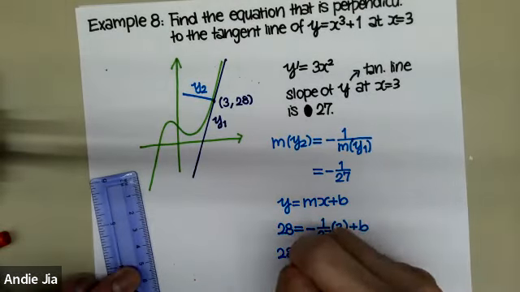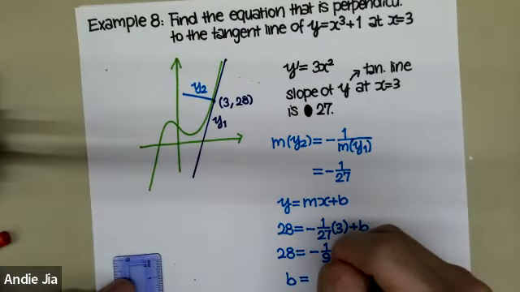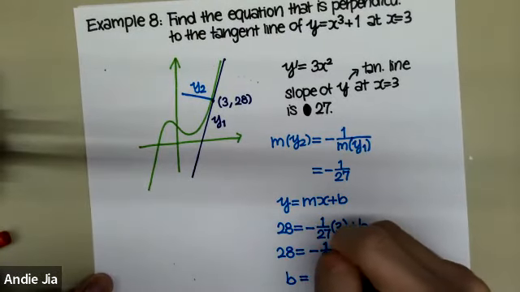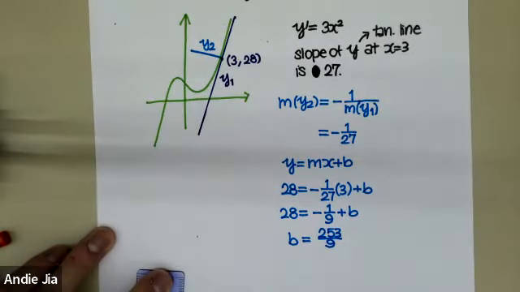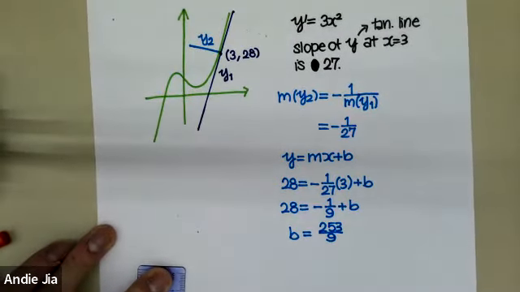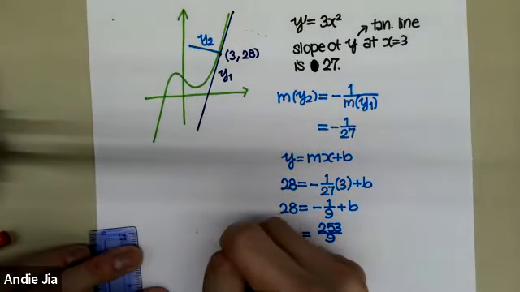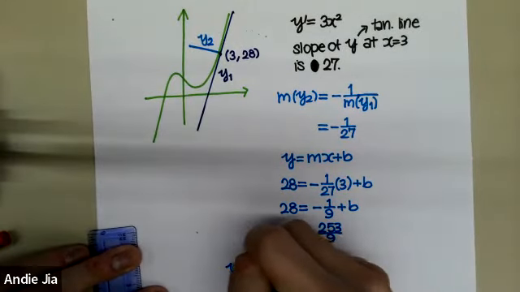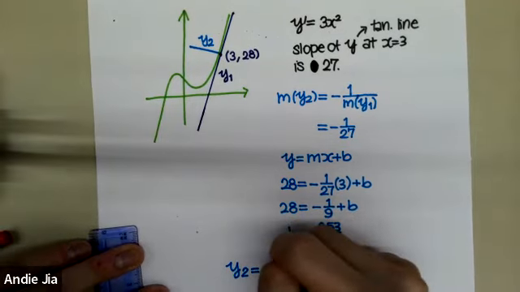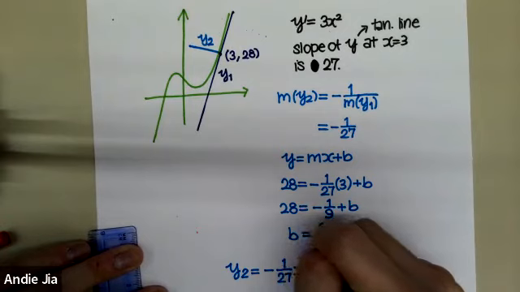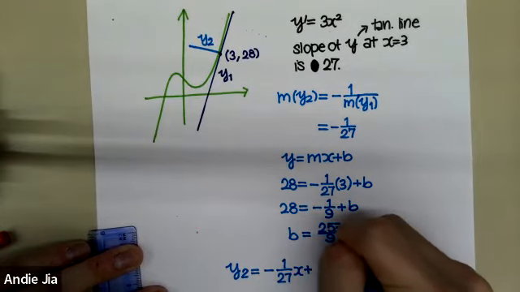And b is 253/9. So the equation of y2 is negative 1/27 x plus 253/9.